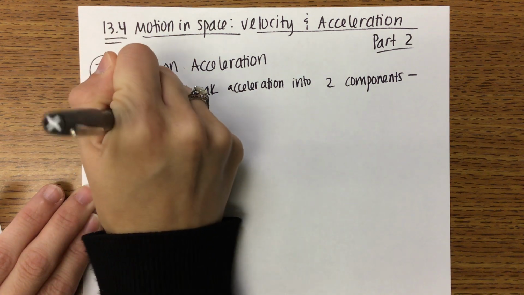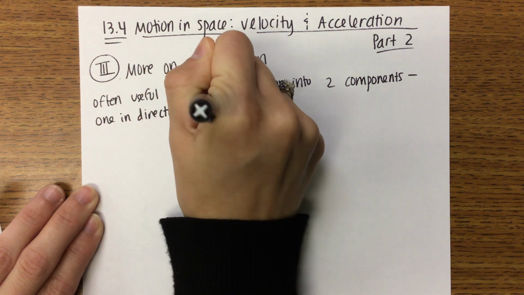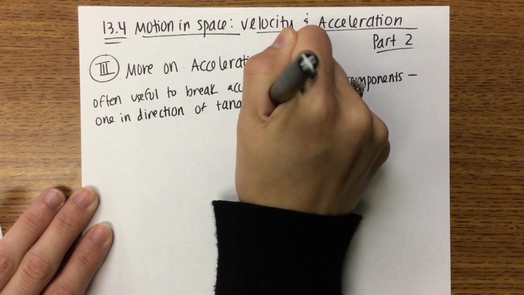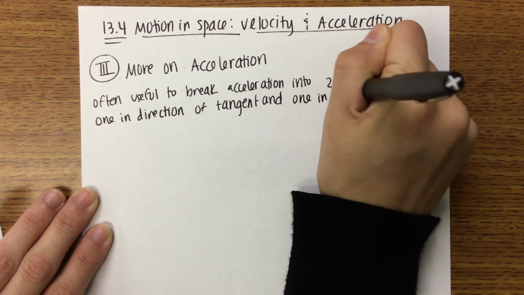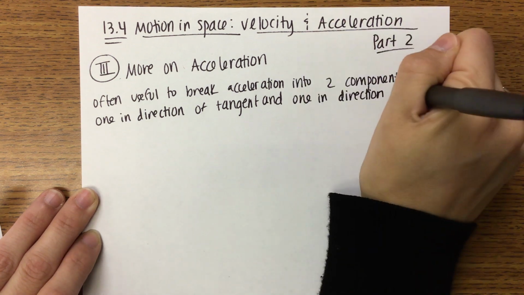One is going to be in the direction of the tangent, and one in the direction of the normal. The normal vector, that is.